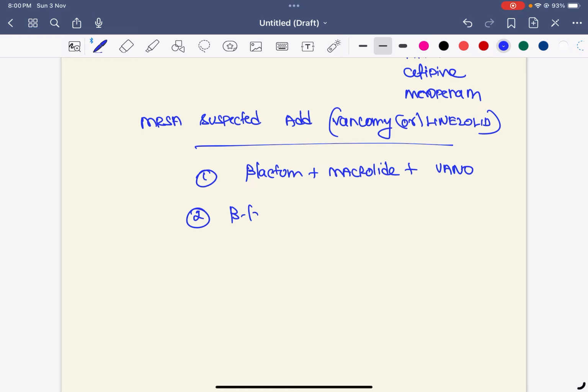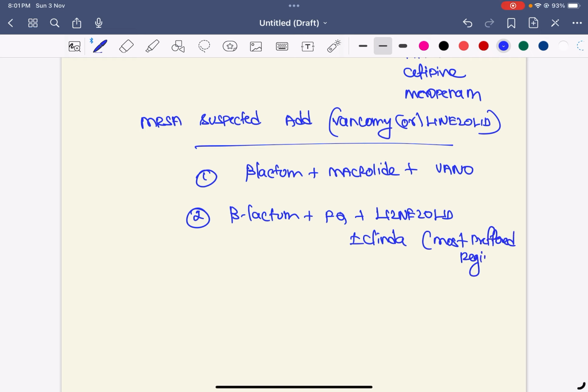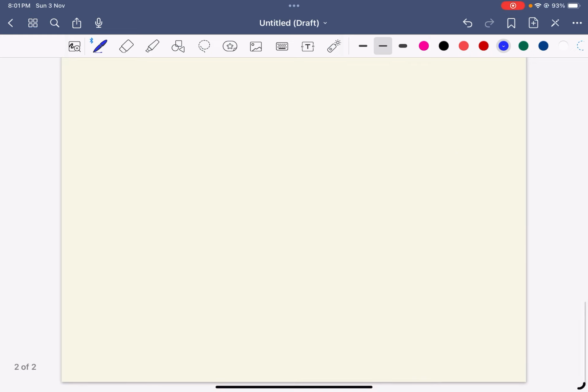If you are using beta-lactam plus fluoroquinolone as a base regimen, you can add linezolid also, with or without Clinda. This is one of the most preferred regimens. Okay, this is for community acquired pneumonia treatment.